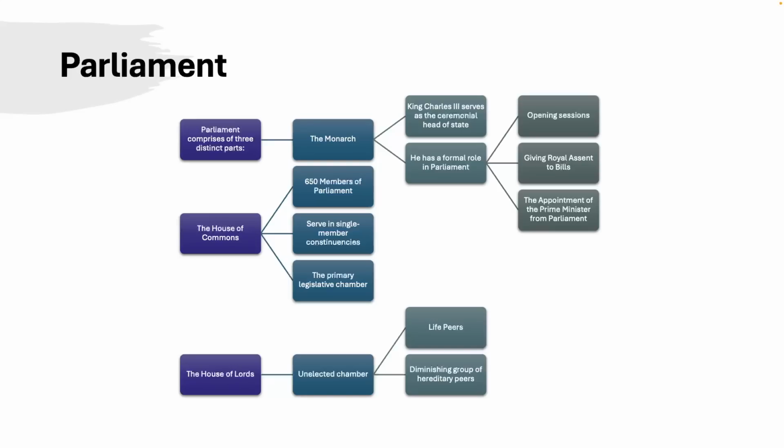The hereditary peers were a quite old and archaic system whereby you inherit membership of the House of Lords by reference to the title of your family. So the man of the house in some aristocratic background, when he died, his son would inherit the position in the House of Lords.